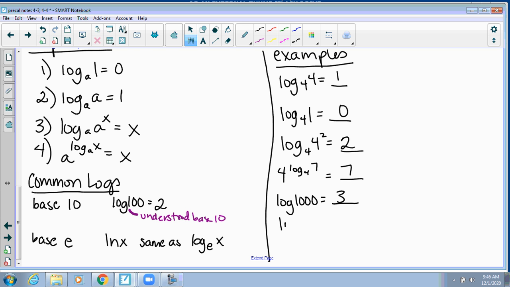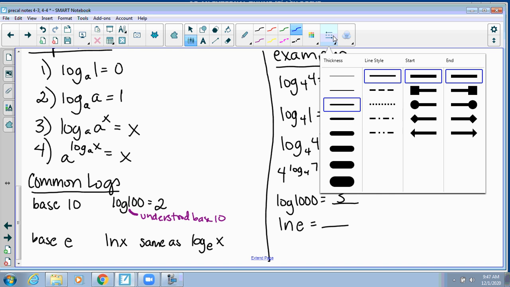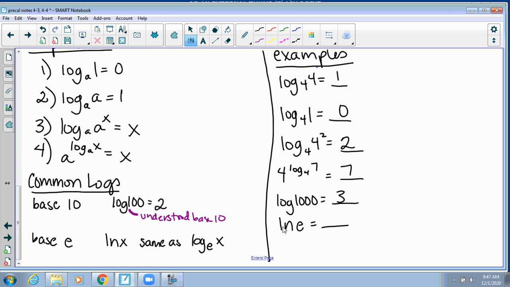This one comes up a whole bunch. The natural log of e. People think, oh, I don't know how to figure that out. But you've got to remember that this ln just means log base e. So I'm going to rewrite that as log base e of e. And then you'll see that these two match, just like the one we did at the beginning.